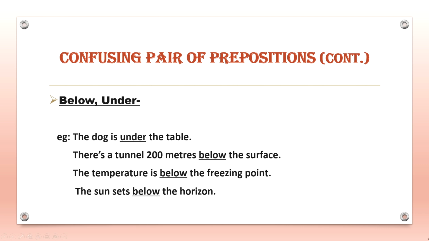So, under means at a position directly lower than another. So, basically, you use under to say that one thing is at a lower level than another and that the other thing is directly above it. So, in short, under means at a position directly lower than another, whereas below is normally used when one thing is at a much lower level than another.